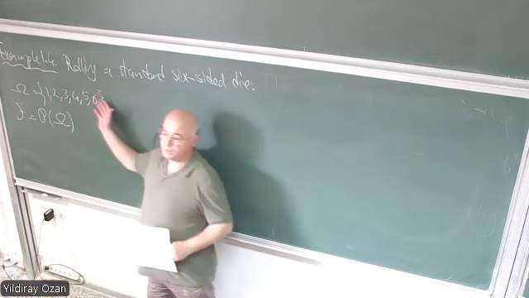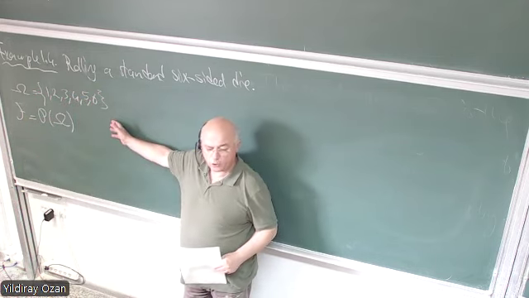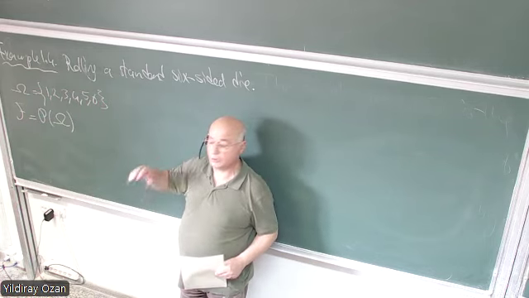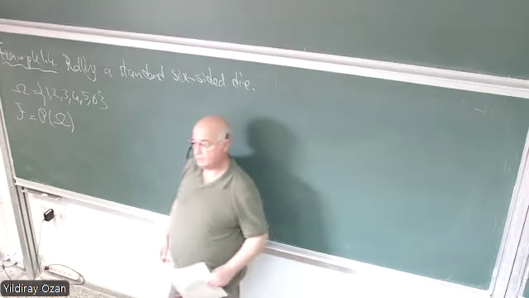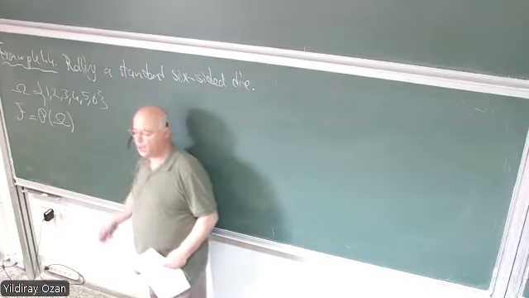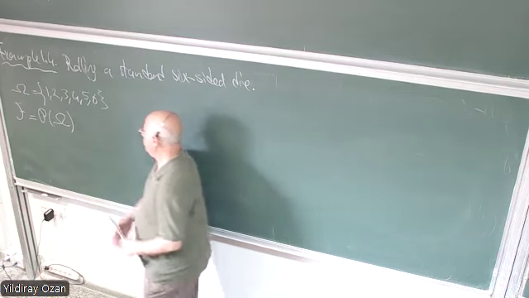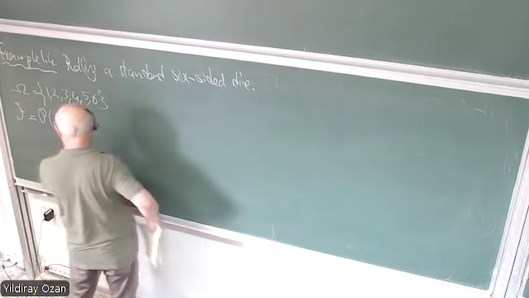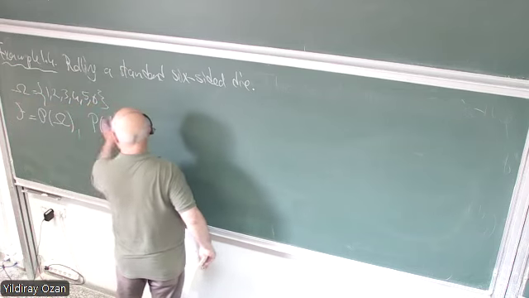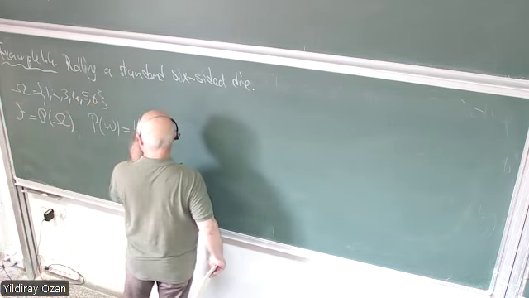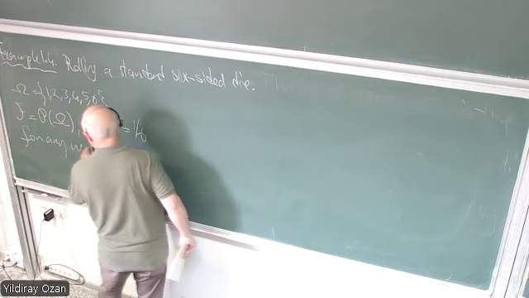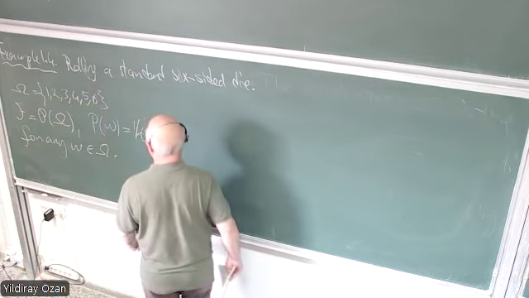All subsets of this, of course, we have 64 subsets, 2 to the power 6. So I will not list them. And we have P of omega equal to 1/6 for any omega in omega.